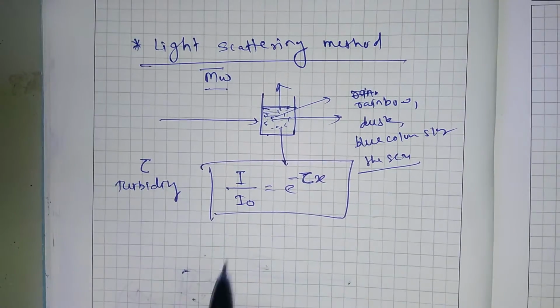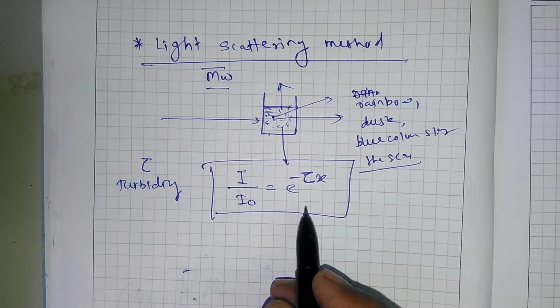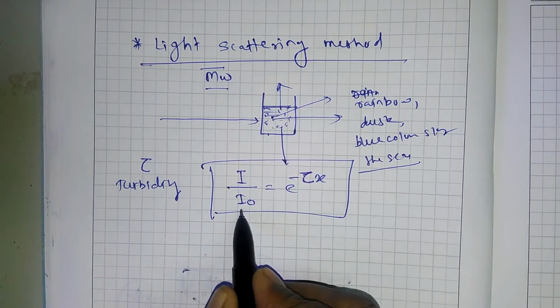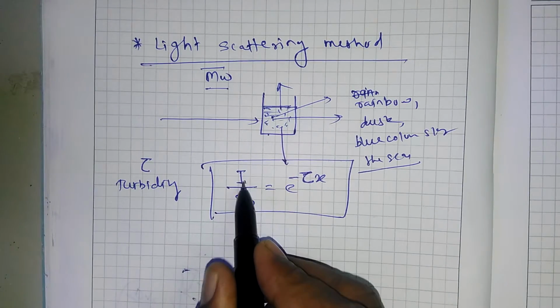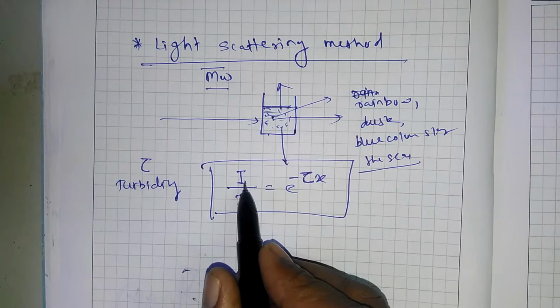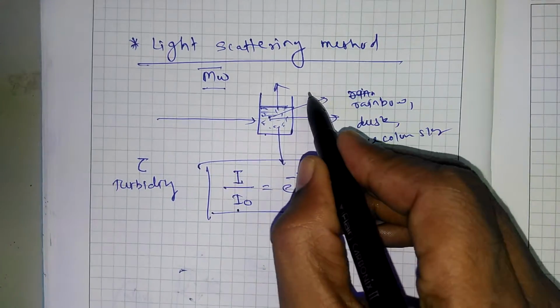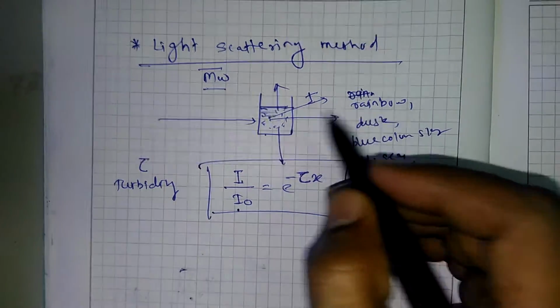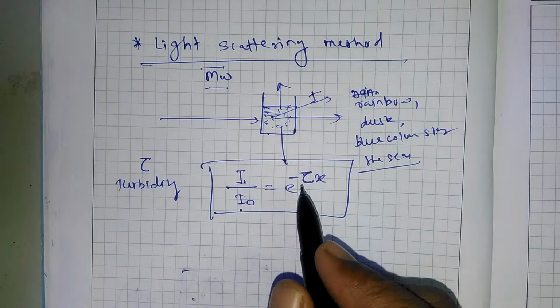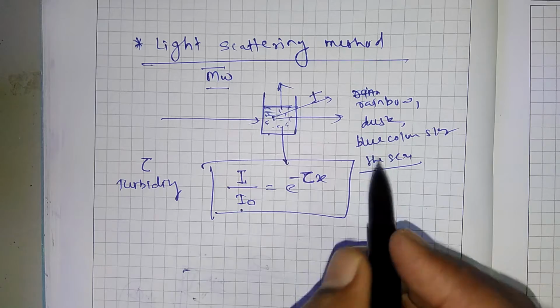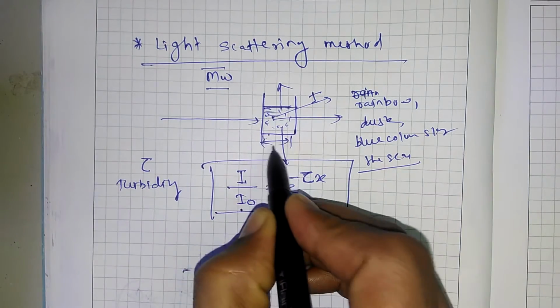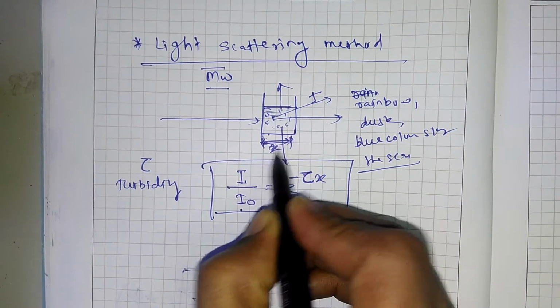This is the turbidity. Here I0 is the intensity of the incident light, and I is the intensity of light after passing through the thickness of the sample. See, this is the thickness of the sample, that is x.